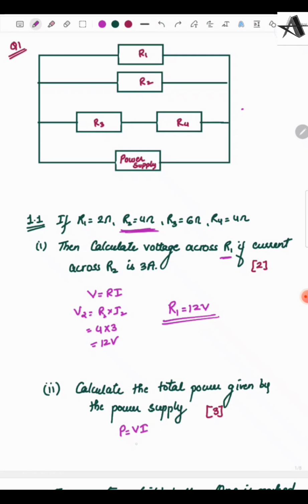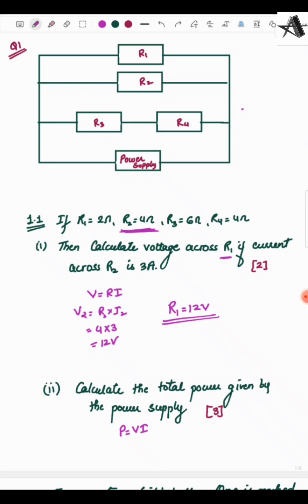We know V is 12, but unfortunately we have no idea of I, because in parallel current is shared. We only know the current across R2. We have no idea for R1, R3 and R4. So for that we have to go for the other one, that is resistance. Total power is total potential difference times total current.